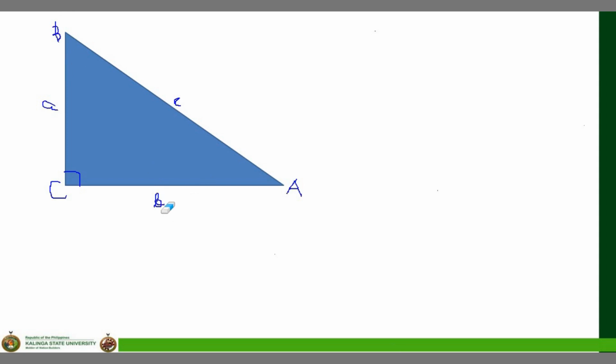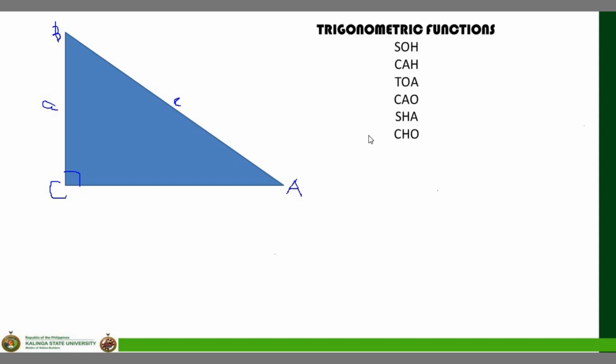What if the values are given except for side B? For right triangles, which trigonometric function will I use to get the value of side B? This is where the trigonometric functions you studied during junior high school come in. Do you remember this?